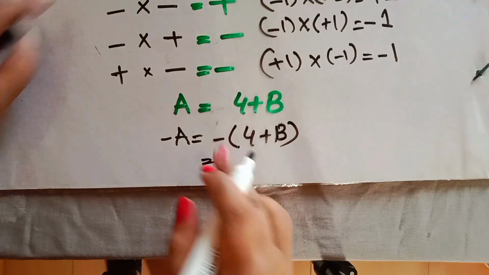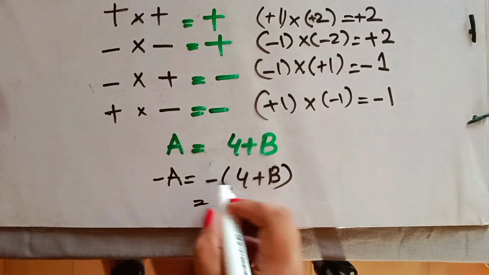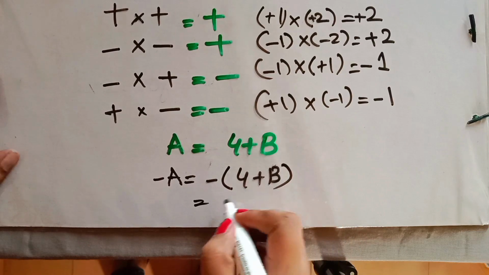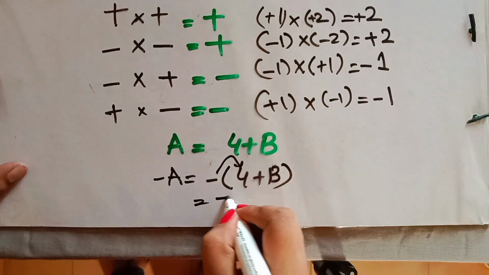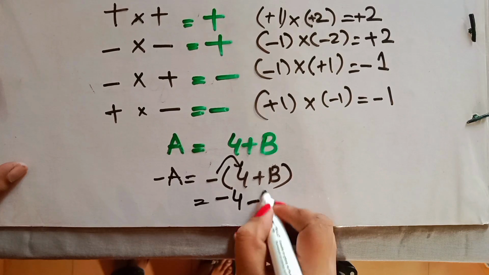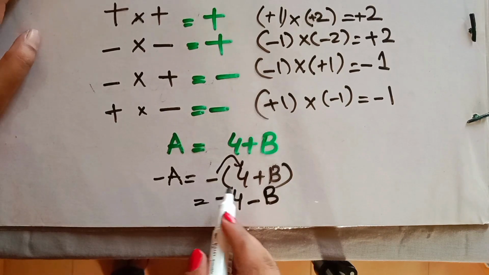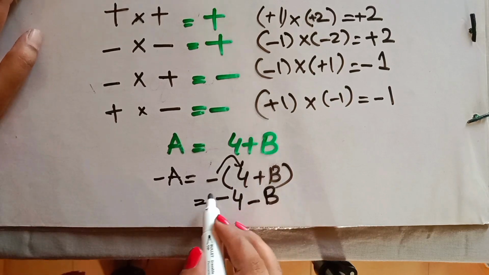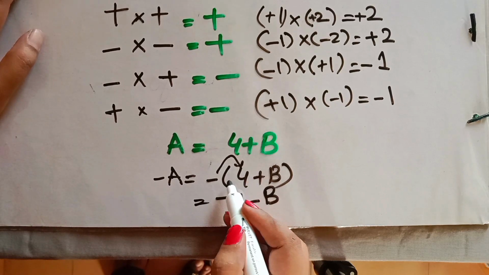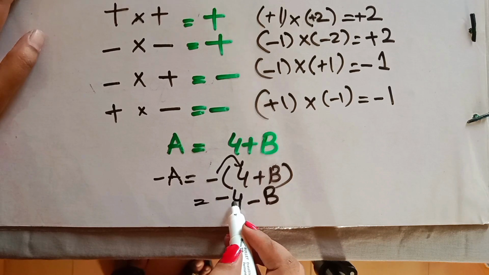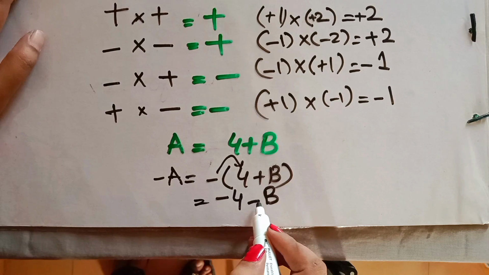Then this minus will be applied on both 4 and b, giving minus 4 minus b. It will change the signs of both 4 and b. For example, plus 4 will be changed into minus 4 and plus b will be changed into minus b.